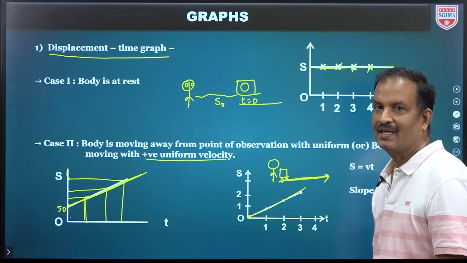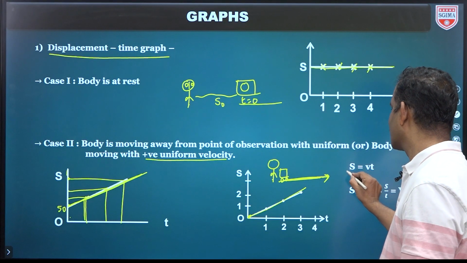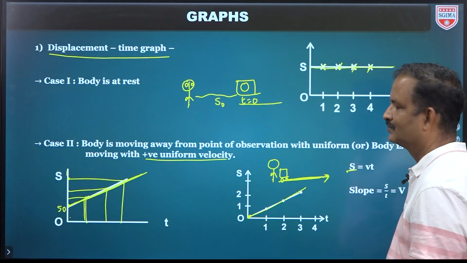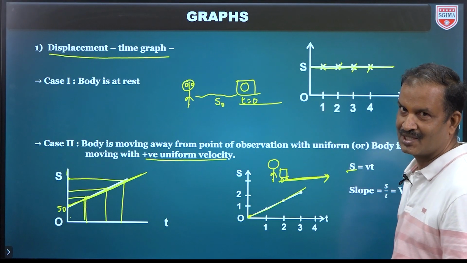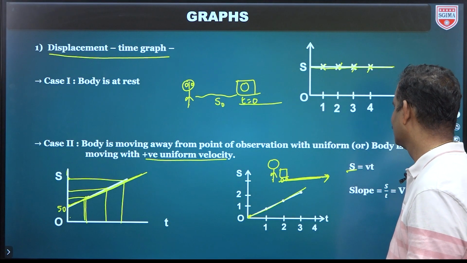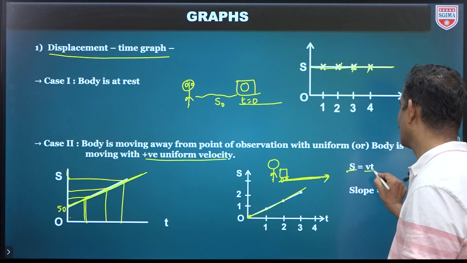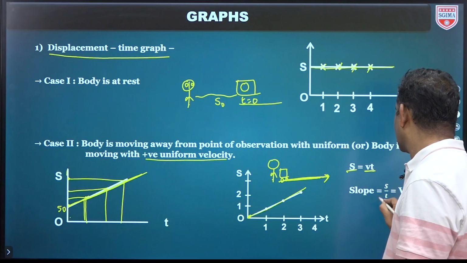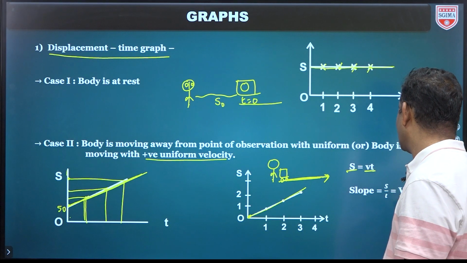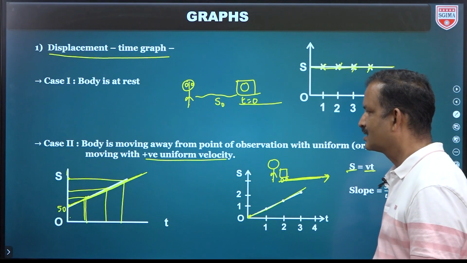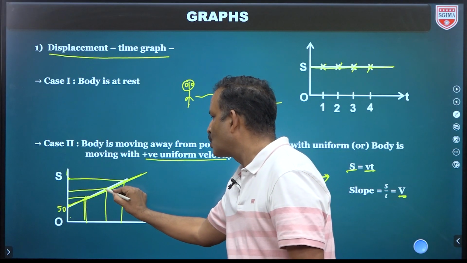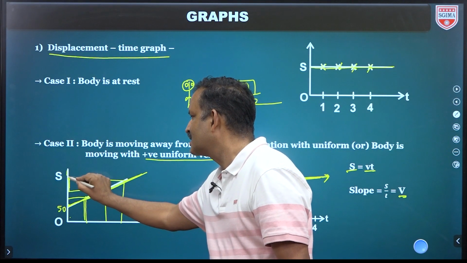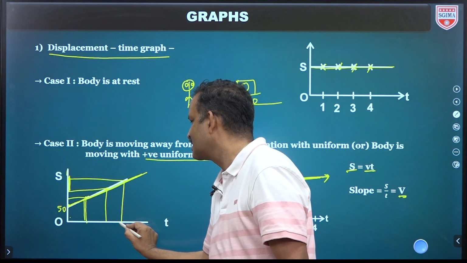You know that displacement for uniform velocity is equal to V into T because a is 0. S is equal to UT plus half AT square, a is 0. So, S is equal to V into T. So, S by T is V. That means, if you take the slope of this graph, this is the displacement, this is the time.